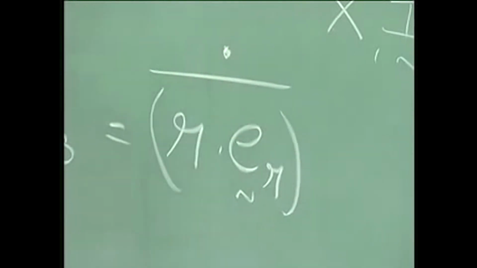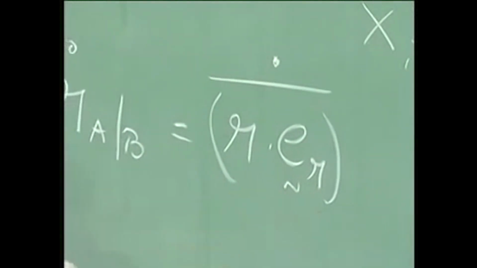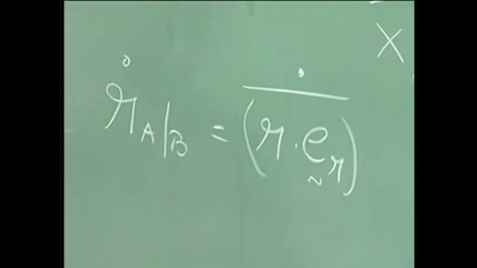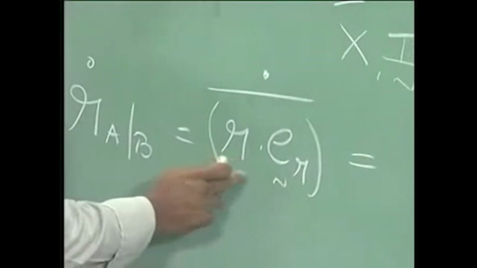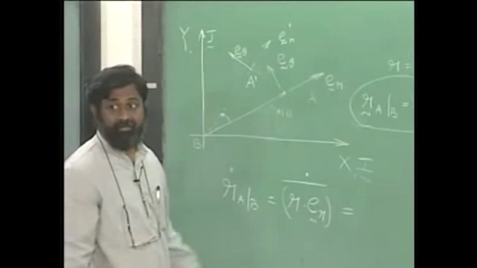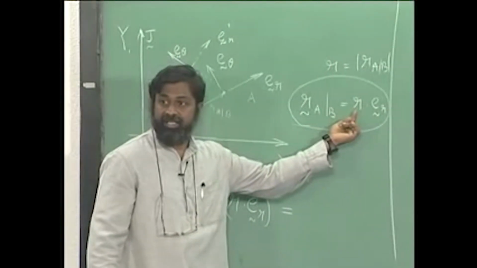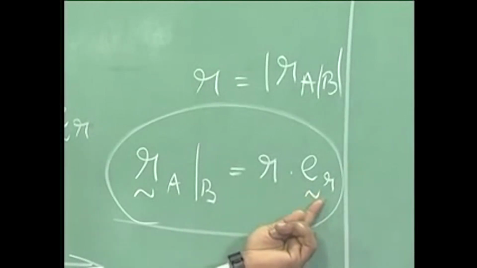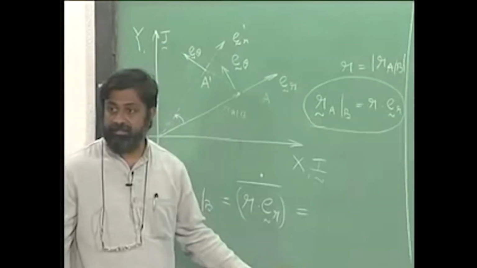The time derivative of this is what is going to give us the derivative of this, but this is a product of two quantities which could be changing with time. Is R changing with time? Not really. Is ER changing with time? The answer is yes.